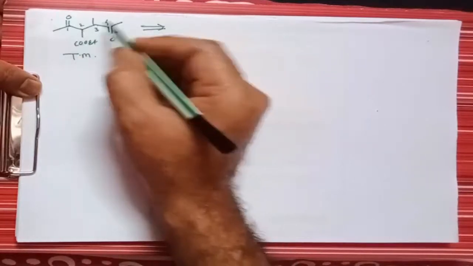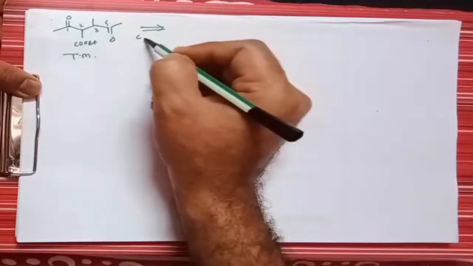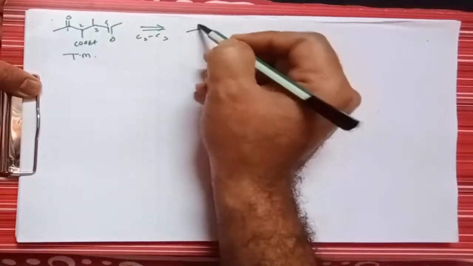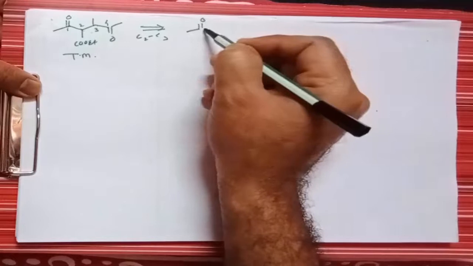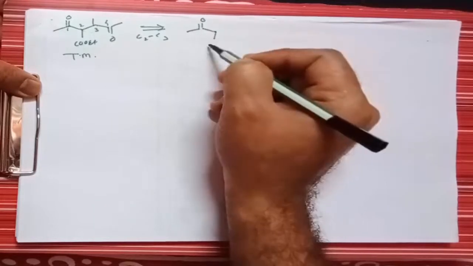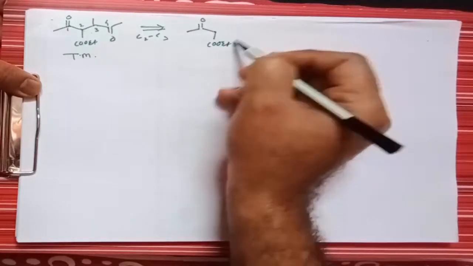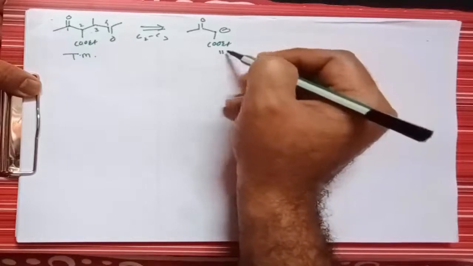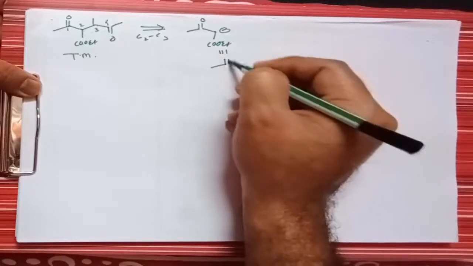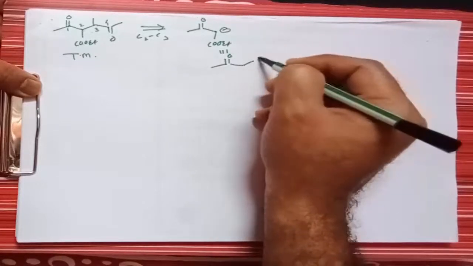But instead, if you break this C2-C3 bond, then we get CH3-C double bond O-CH2-COOEt with a negative charge, and the synthetic equivalent for this molecule is ethyl acetoacetate, right?